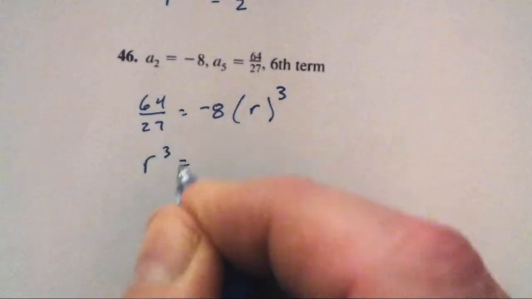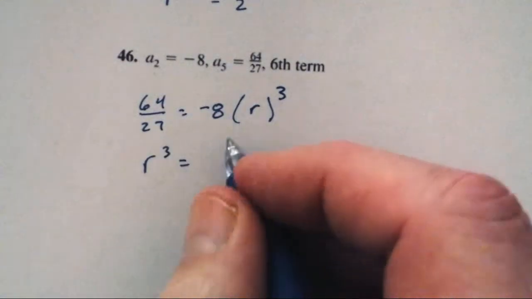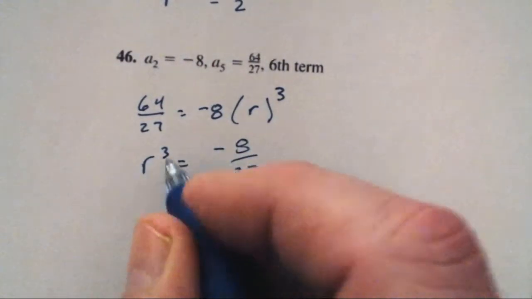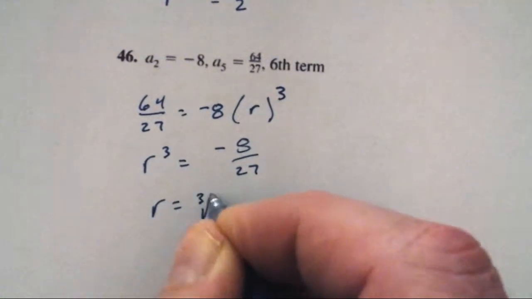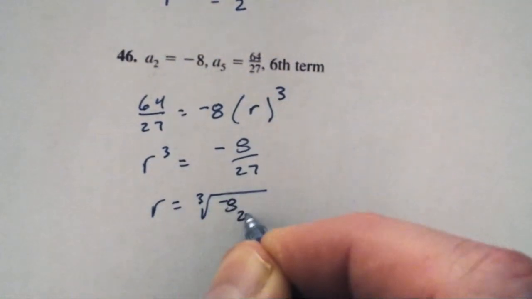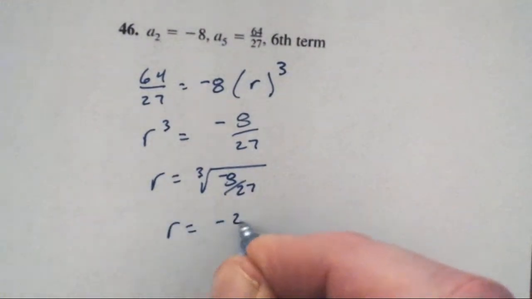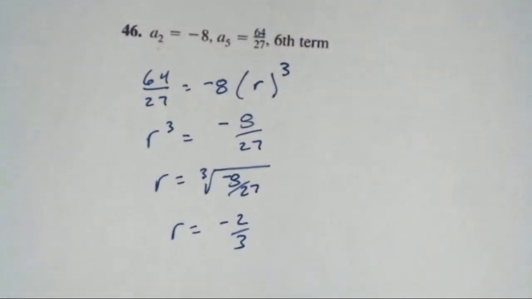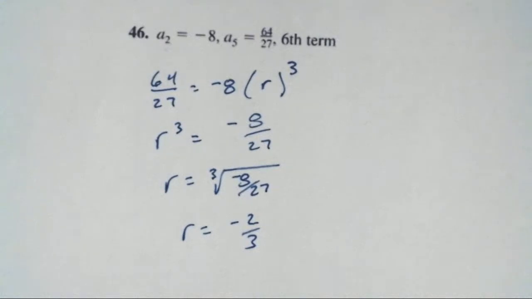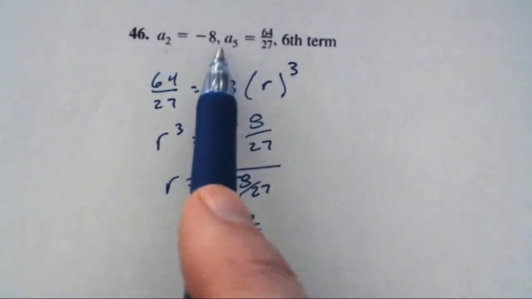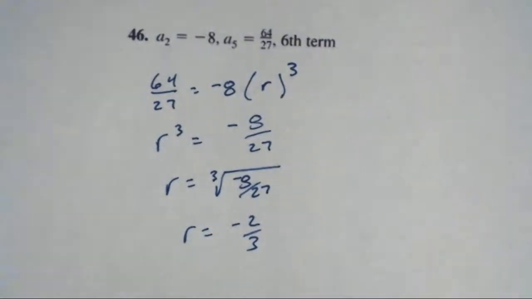So r to the 3rd, divide -8, gives us -8 on 27. The 3rd root of that is not a problem. We can take 3rd roots of negatives. R is equal to -2 on 3. So here we have a negative ratio, which truthfully we should know right from the beginning here. We're switching from negatives to positives.